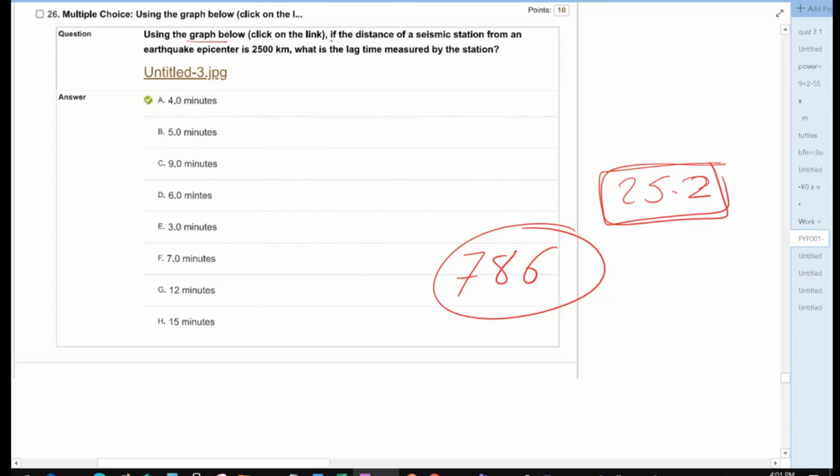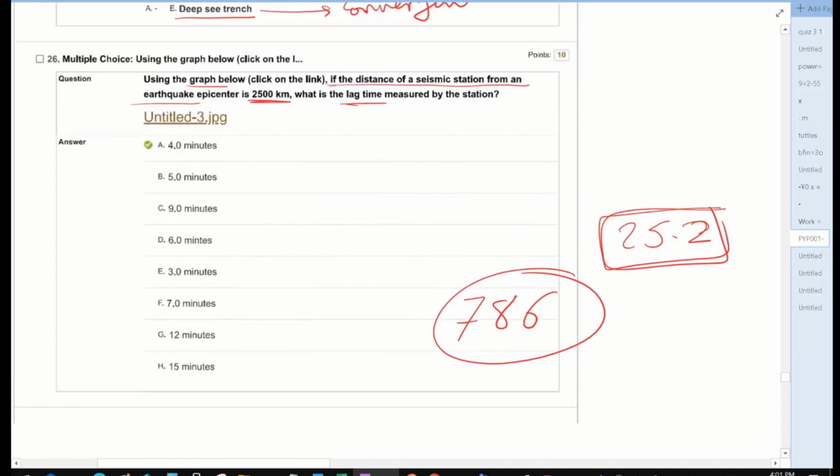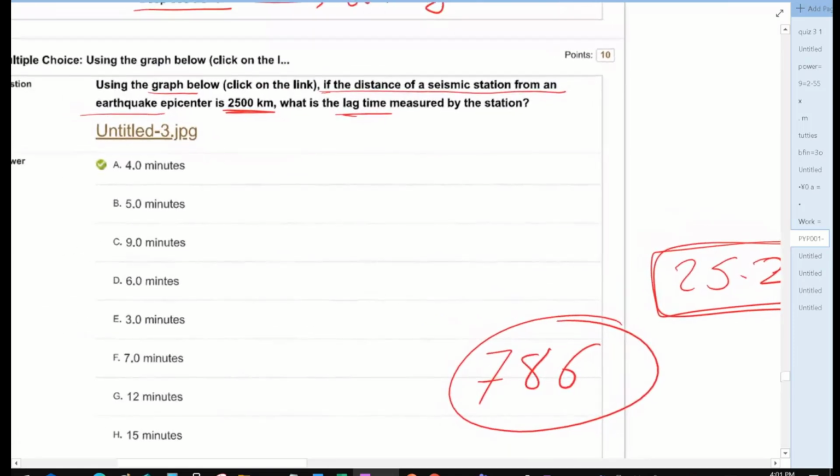He says here, if the distance of the seismic station from the earthquake is 2,500 kilometers, what is the lag time? Look at the chart and find the corresponding lag time for the distance 2,500.